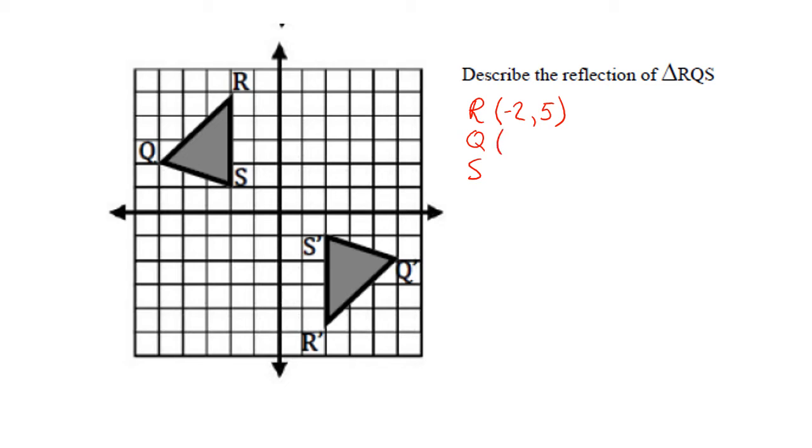Q is at 1, 2, 3, 4, -5, 2, and S is at -2, 1. Okay, when I do the reflection, R prime ends up at, let's see, +2, -5.